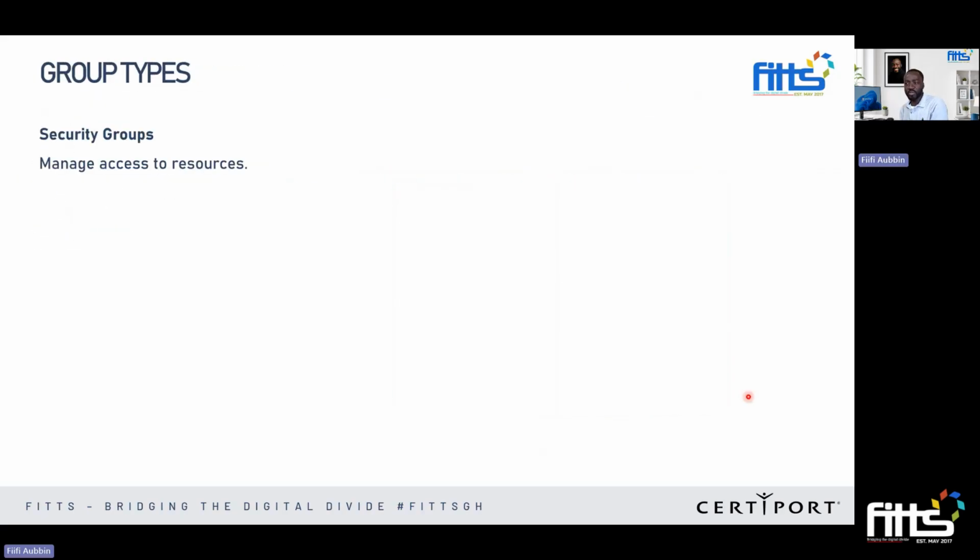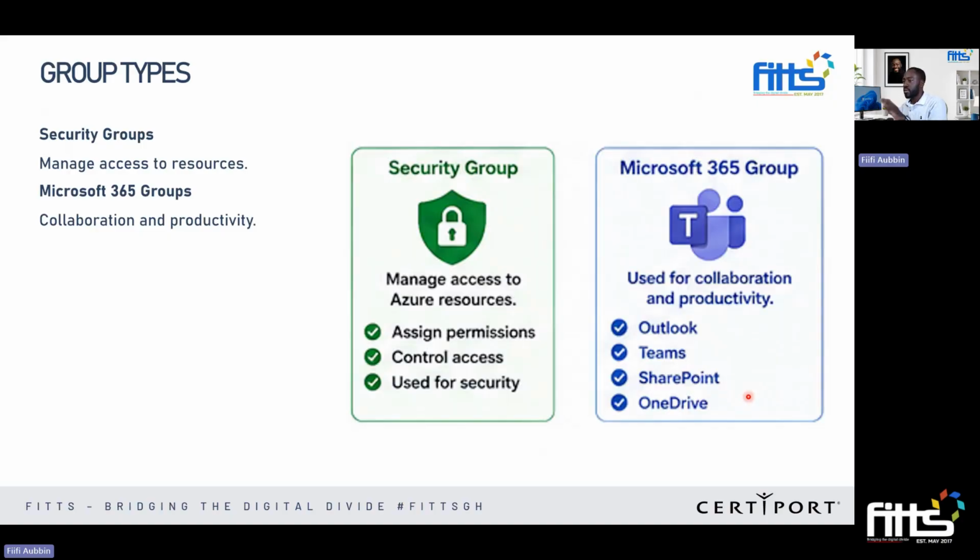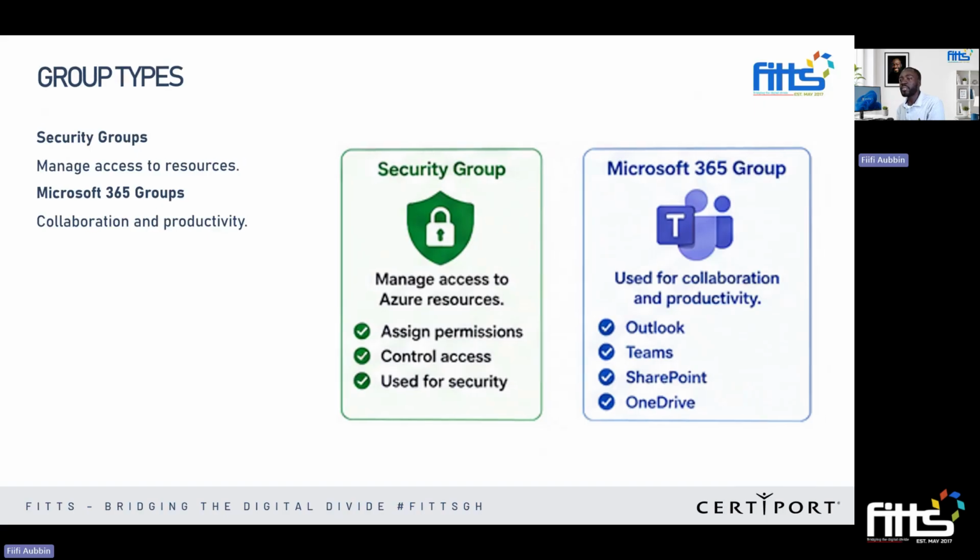We've got security groups, which manage access to resources. We've got Microsoft 365 groups, which help with collaboration and productivity. So maybe you want to collaborate and be productive, you can have a SharePoint site where you collaborate with all the team members within the organization. Okay, so that's it for the group types.